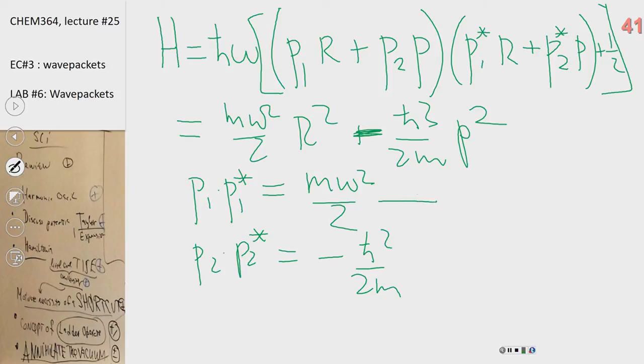And from here we can say that P1 is square root of m, square root of omega by 2. From here we see that if you take square root of minus, it should be imaginary unit.